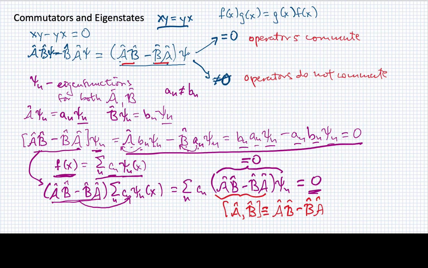And now we have a very important tool in our toolkit: when this commutator turns out to be 0, that means that A and B share eigenstates, or eigenfunctions. All right, and this is going to turn out to be a very important property because it tells us something about how precisely we can simultaneously measure the properties that A and B happen to measure for a given system.